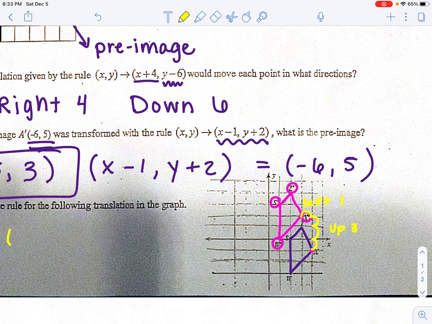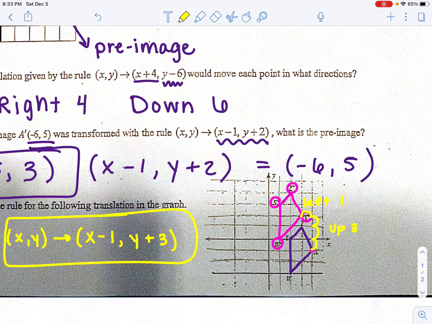So now we can write that out as my rule. You always start off with x, y. We're going to transform it by doing, if we're going to go to the left 1, that's going to be x minus 1. If we're going to be going up 3, that is y plus 3. So this would be my translation.